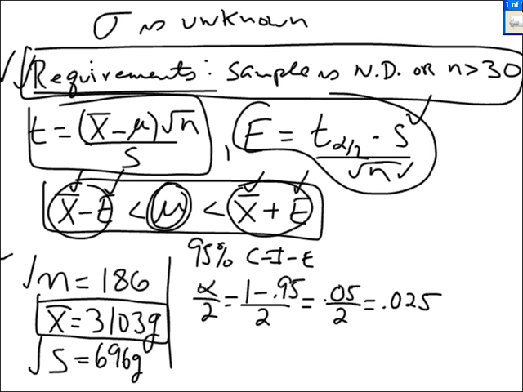Now, using the t-table, since it's not the z-table, it's a little bit different. The t-table talks about degrees of freedom. The degrees of freedom is always n, 186, minus 1, which is 185. On the left side of the t-table, you have numbers.